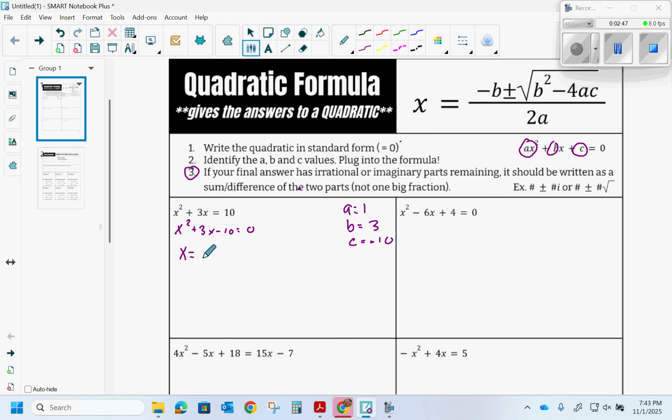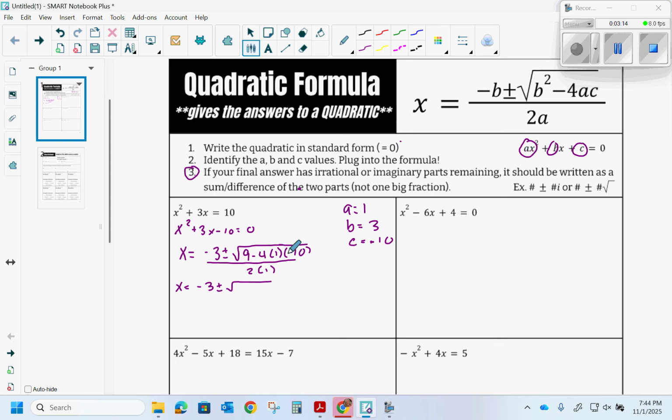So here we go. The opposite of b plus or minus the square root of b squared minus 4 times a times c, all over 2 times a. x equals negative 3 plus or minus the square root of... Okay, so remember PEMDAS, you have to do your multiplication first.